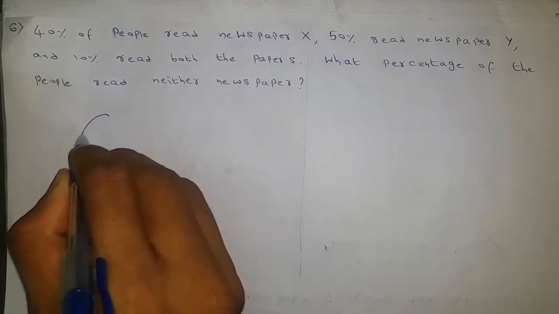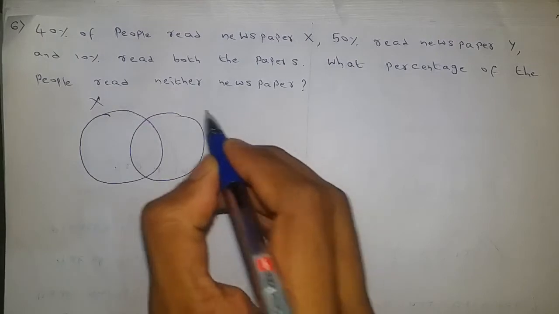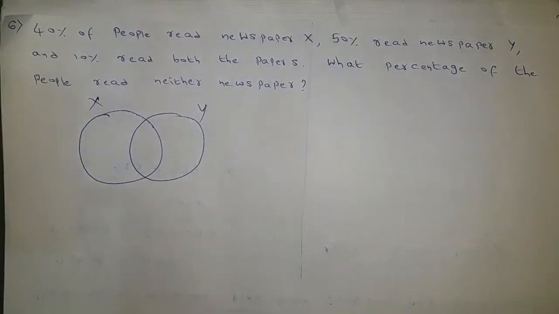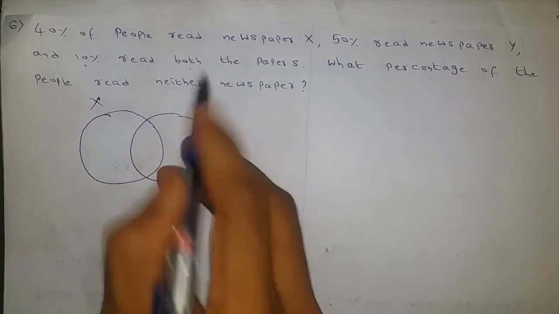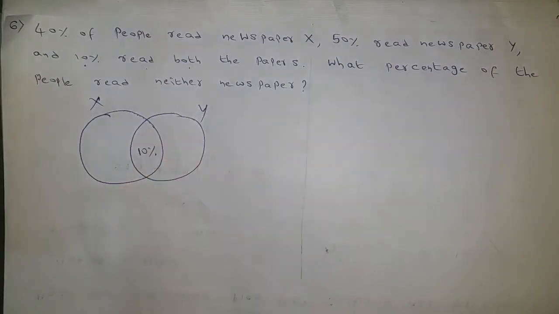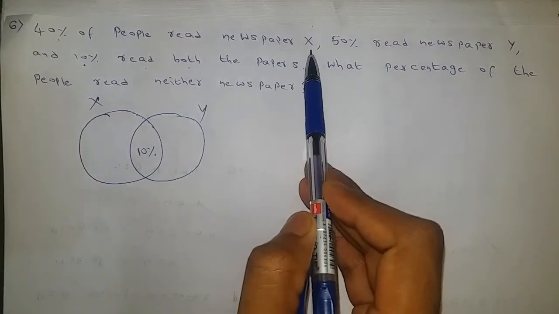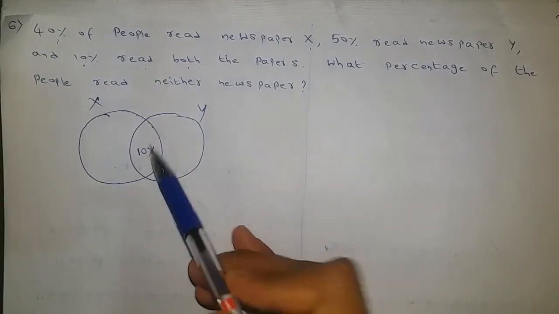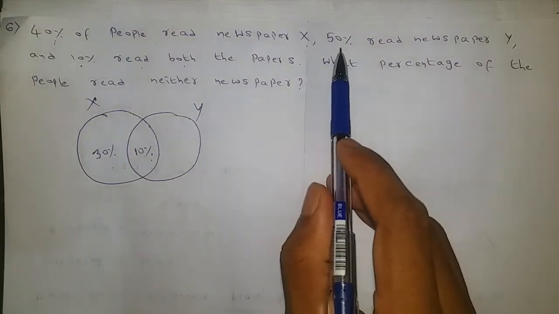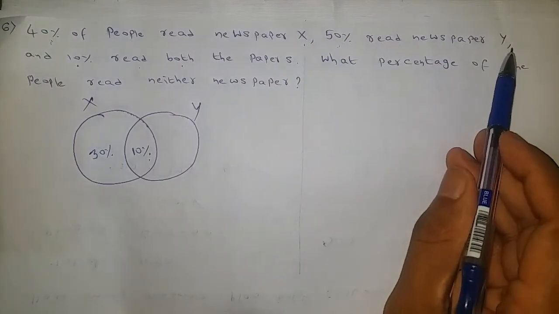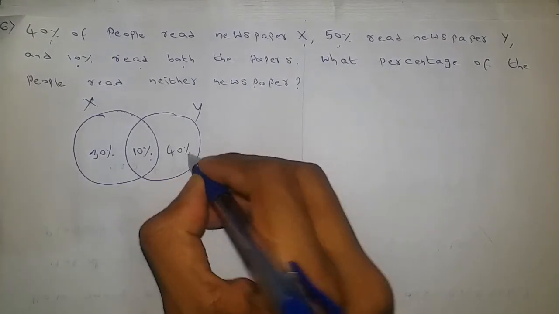So again I am taking the Venn diagram. Two circles for both the papers, one for newspaper X and one for newspaper Y. First we need to go with the both only. 10% read both the papers. 40% read newspaper X. Already from this 40%, 10% is completed, so we remain with 30%. 50% read newspaper Y. From 50%, already 10% is completed, so we remain with 40%.